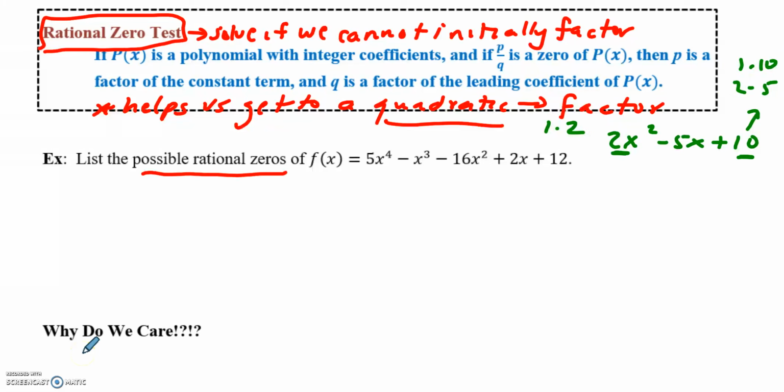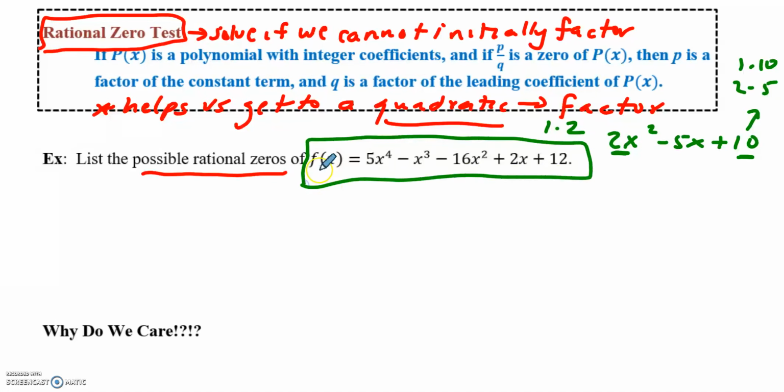So if I read the rational zero test now, if p of x is a polynomial with integer coefficients, like this example down here that I'll box in green, and if p divided by q is a zero or a root of the polynomial, then p is a factor of the constant term, so this represents p here, the 12, and q is a factor of the leading coefficient, so the 5 would represent the q.